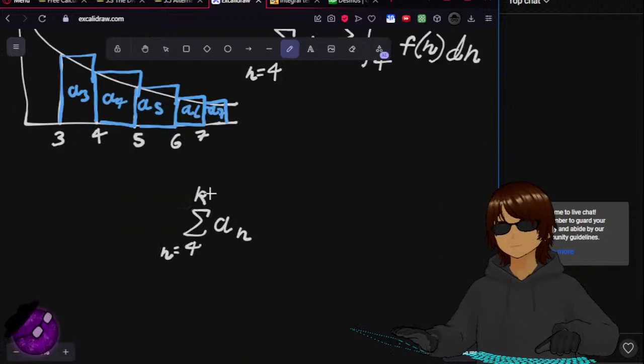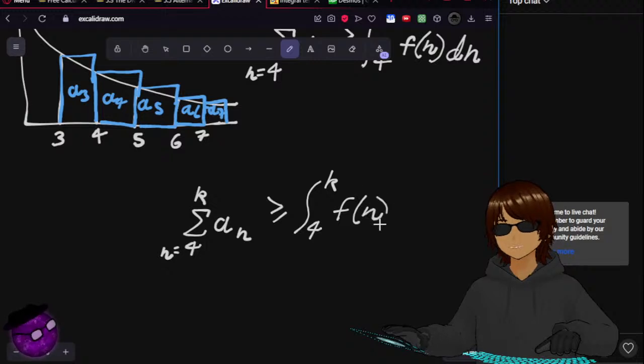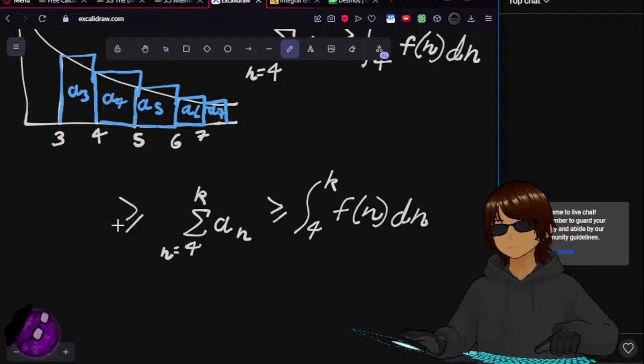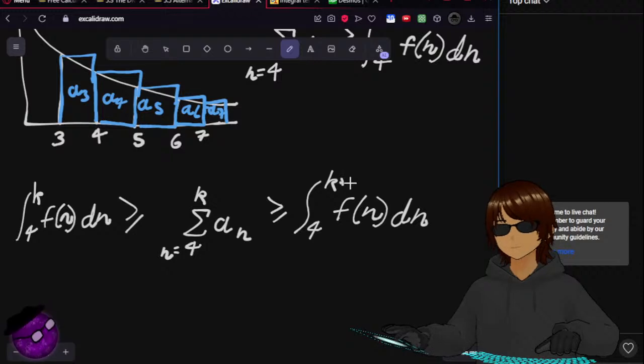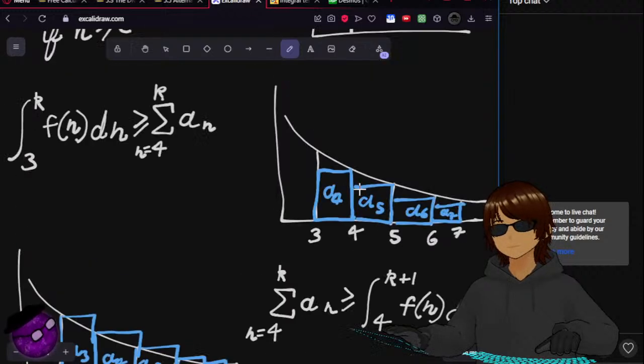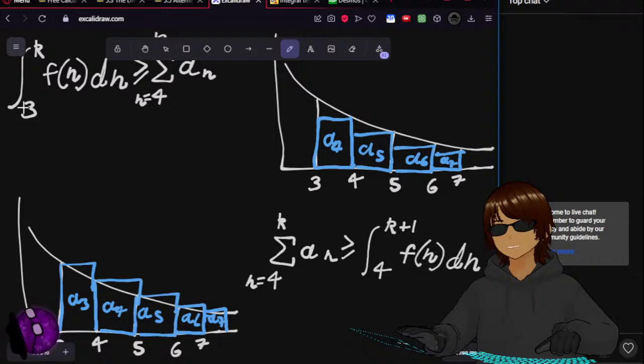This is called the integral test. This is k plus 1. Sorry, this is 3.